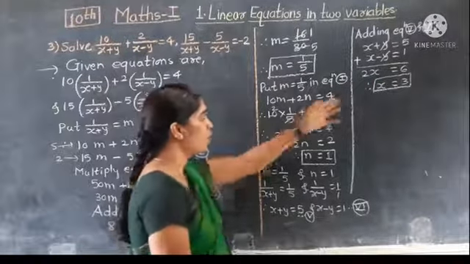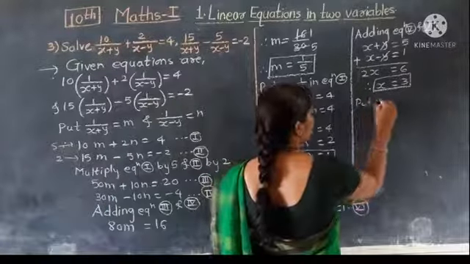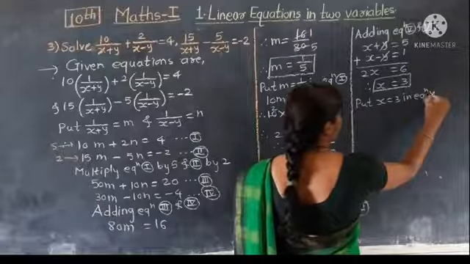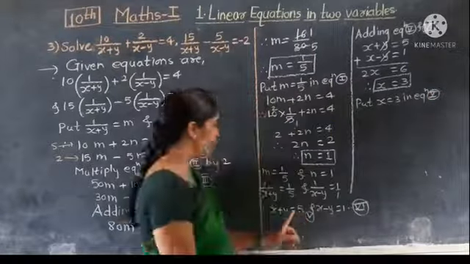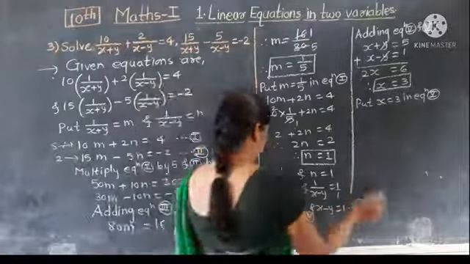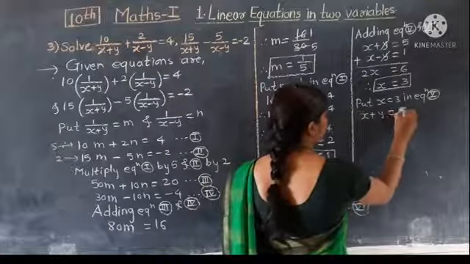Now put this value of x is equal to 3 in equation 5th. Put x is equal to 3 in equation 5. You can put the value of x in 5 or in 6, either will work. What is equation 5th? x plus y is equal to 5.